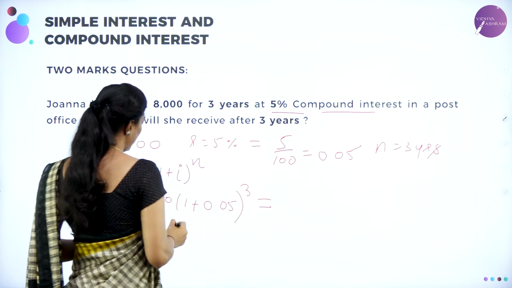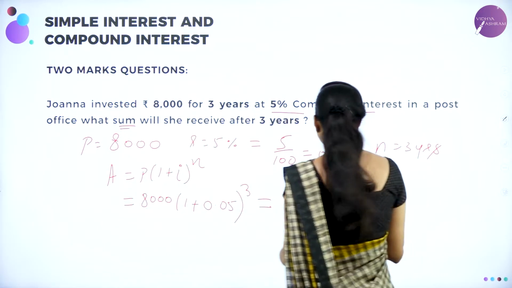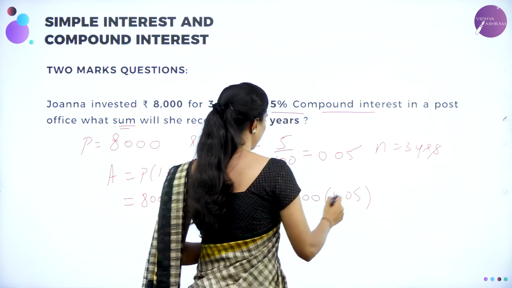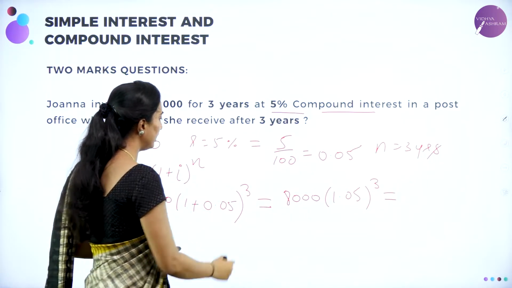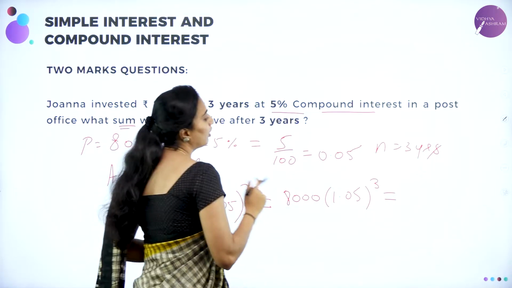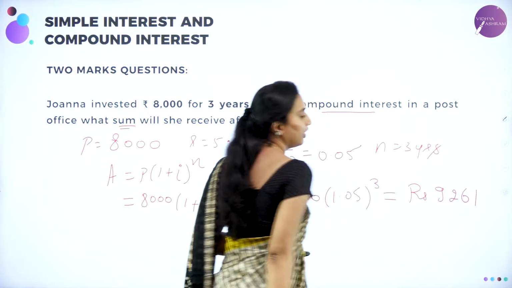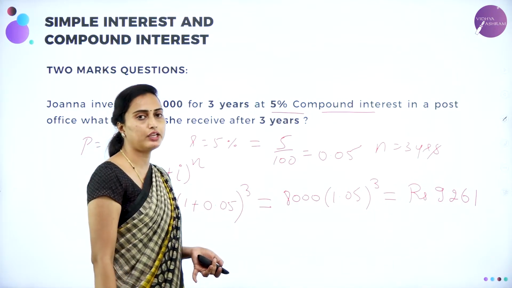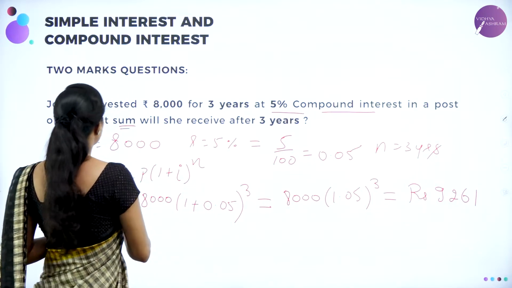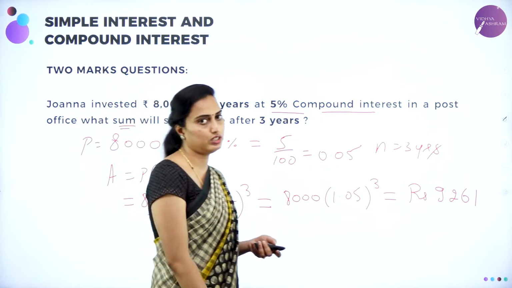Now that will be 8,000 into 1.05 whole to the power of 3. You multiply this 3 times. 8,000 into that is equal to rupees 9261. That much amount Joanna will be getting, okay, after 3 years.